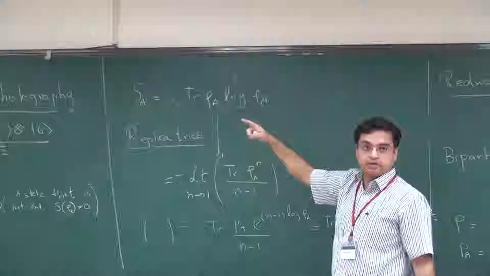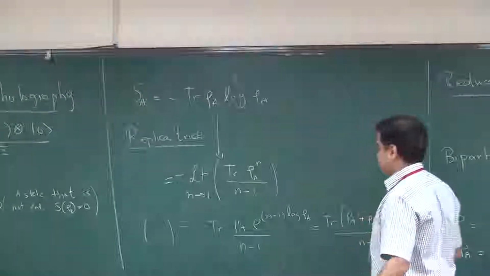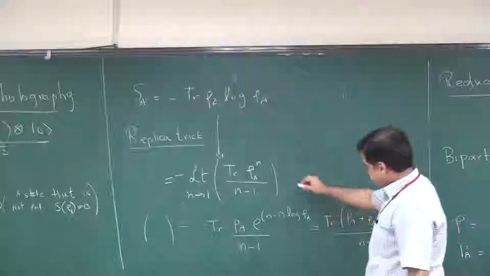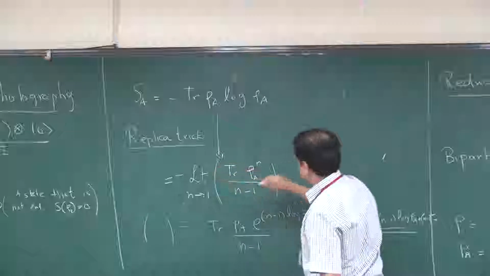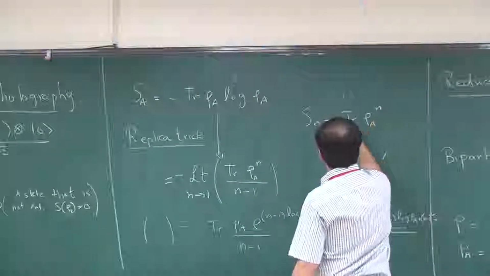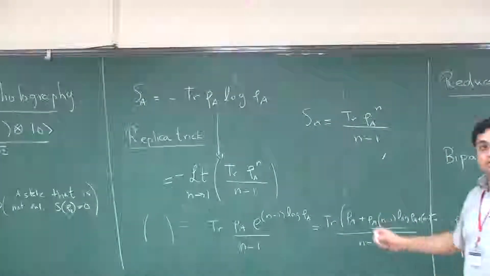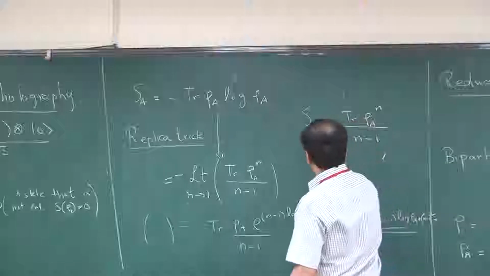So it's not related to that, but these intermediate quantities that you're calculating, these S_n, which are defined as trace of rho to the power n over n minus 1, have a name. These are called Renyi entropies.